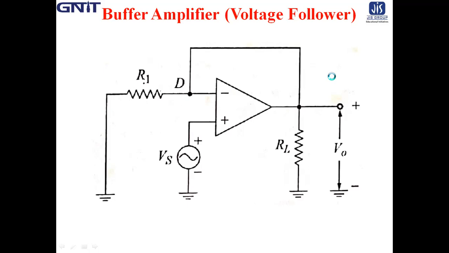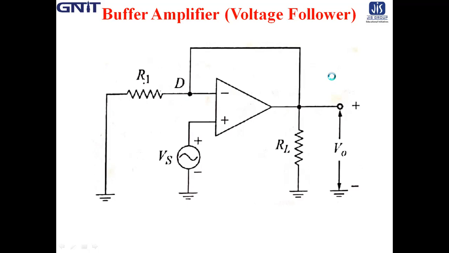Voltage follower means output is the same as input. How can we get a voltage follower circuit? Suppose the circuit is not present here.